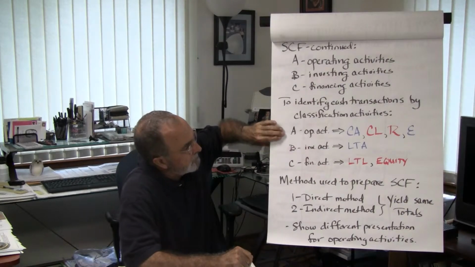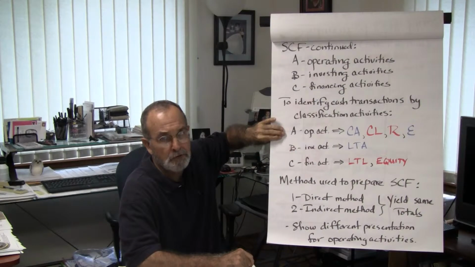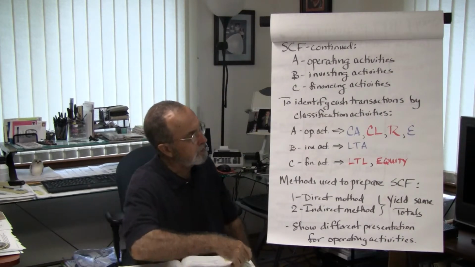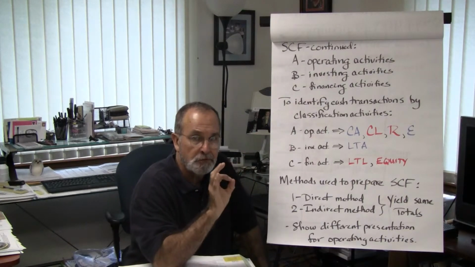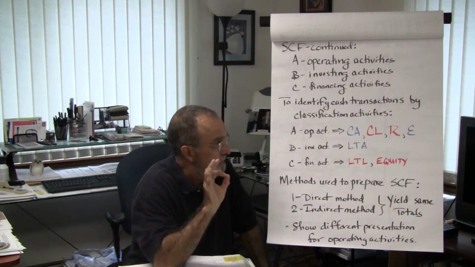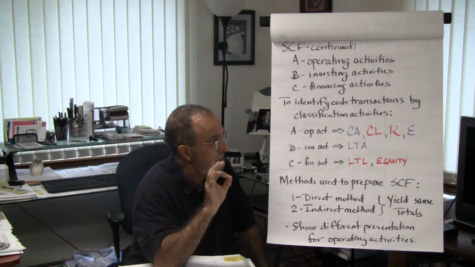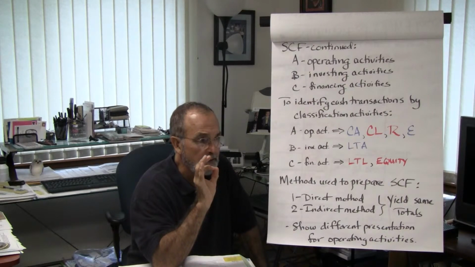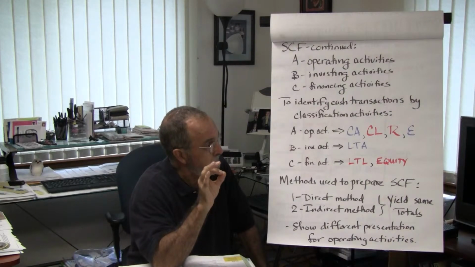But for now, to find our transactions that show us our operating activities for cash flow purposes, we are focusing on current asset accounts. Of course, cash is a current asset, but we are looking at the other current asset accounts like accounts receivable, inventories, maybe prepaid assets, and so forth.